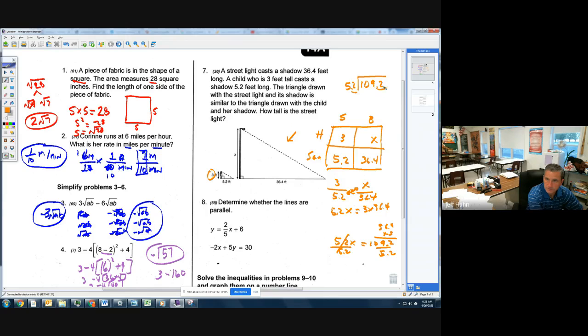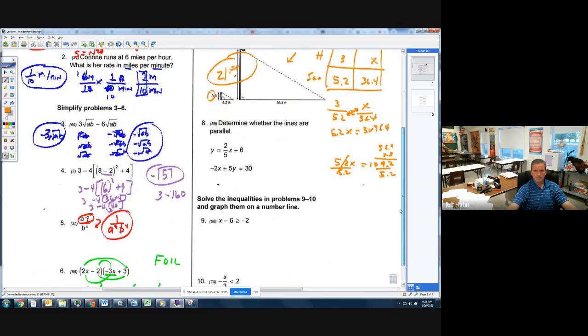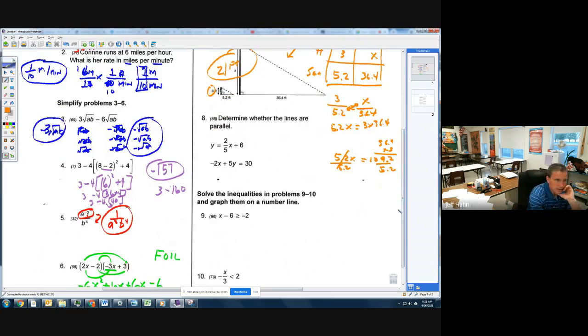Move the decimal, so there's no decimals here at the end. 52 goes into this twice, which is 104. Oh, look at that. Goes in there evenly. X is 21 feet. How about that? You always know you did it right when it works out evenly, especially something like that. Isn't that exciting?